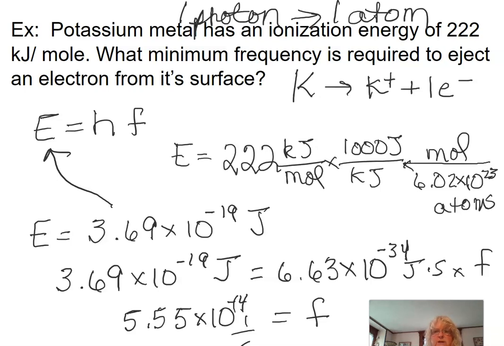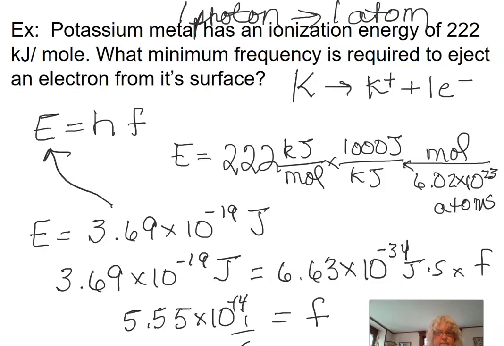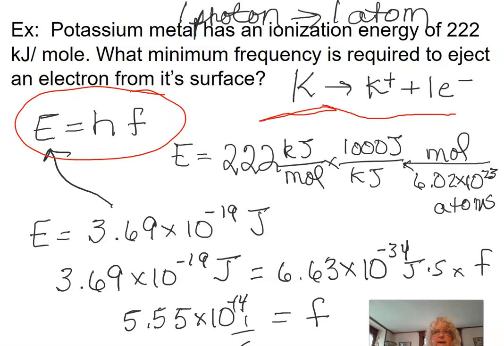So I wrote the equation that K goes to K plus plus 1 electron. You can see that over here. And then I'm going to use the equation E equals hf in order to calculate the frequency.